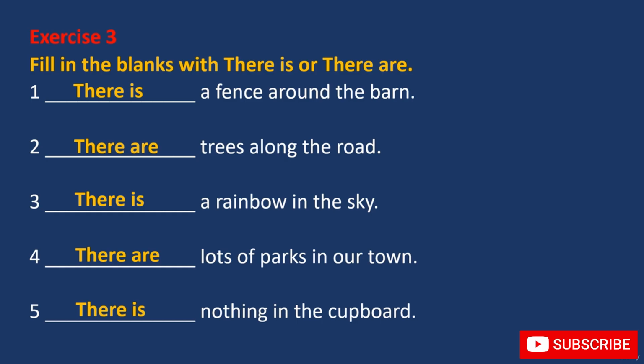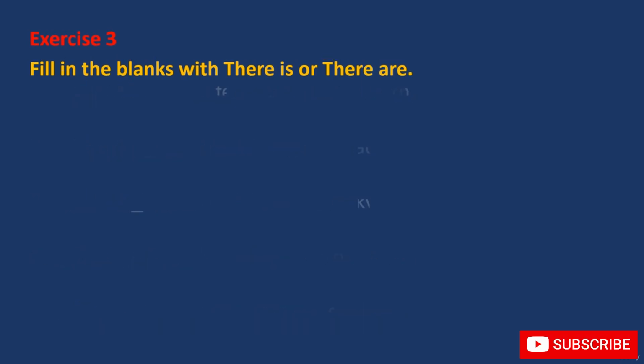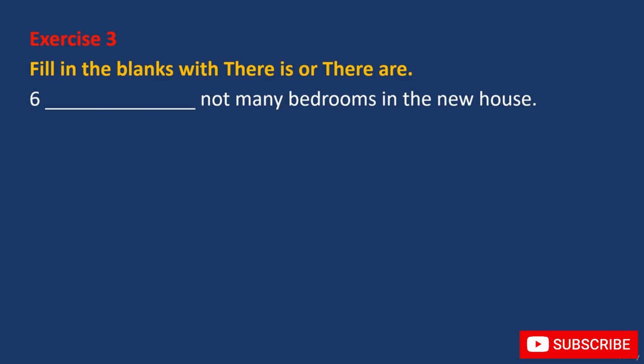So we say there is nothing in the cupboard. Not many bedrooms in the new house. There is not many bedrooms or there are not many bedrooms. Take care, bedrooms, plural. So we use what? Excellent. There are not many bedrooms. Great.